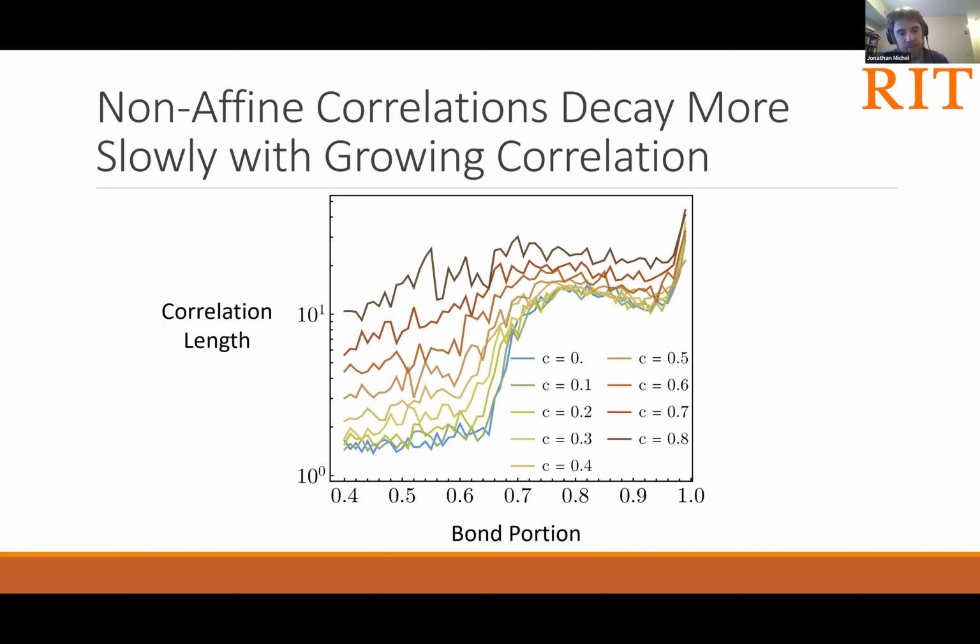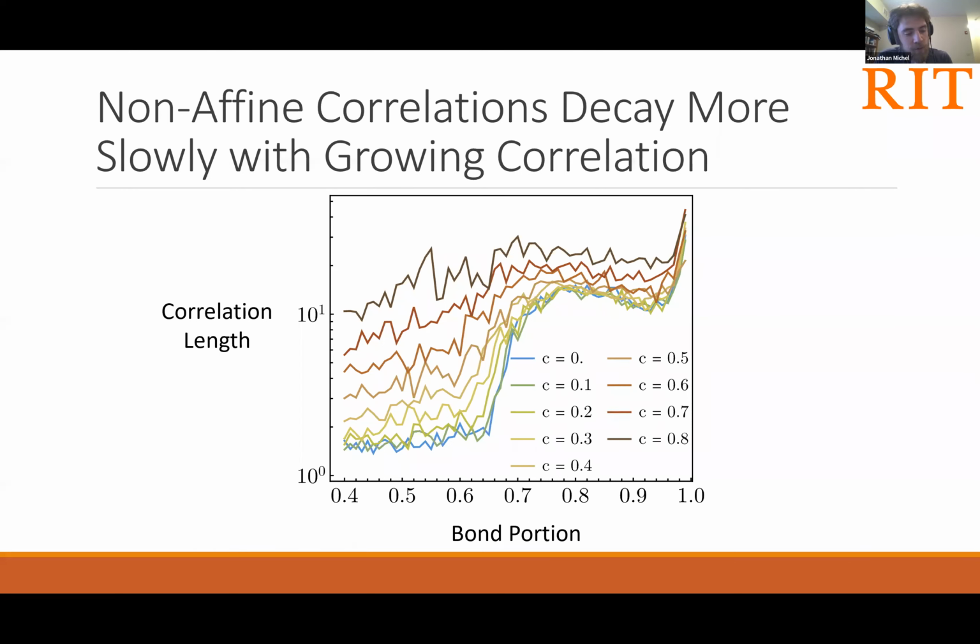This correlation length scale follows a qualitatively similar pattern for different correlation strengths, but you can see that at low fractions of bonds retained, the correlation length is highly stratified according to how correlated the network is. So some more highly correlated networks have a much more gradual decay in their non-affine displacement correlations.